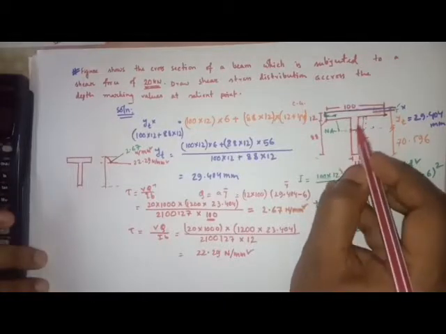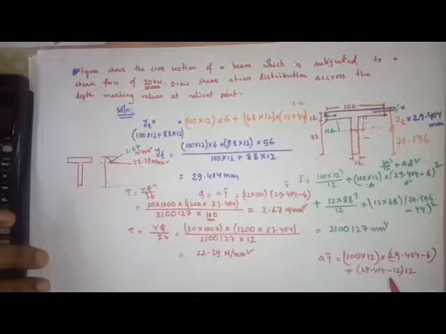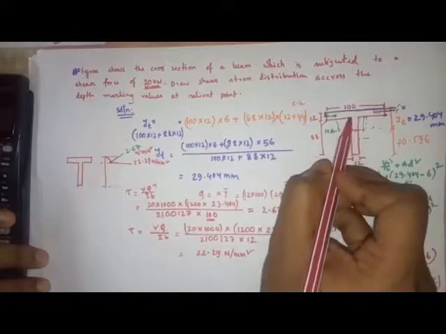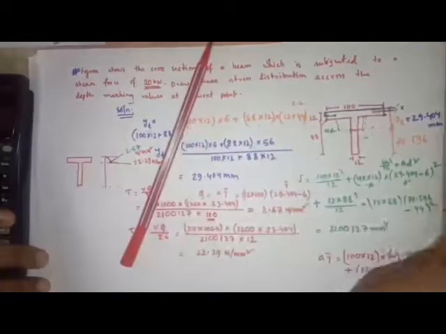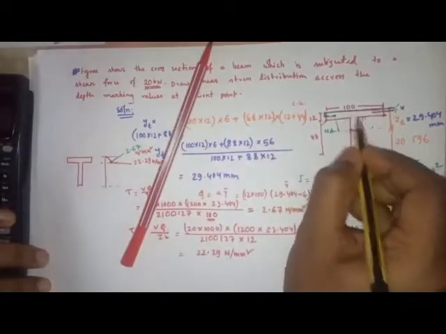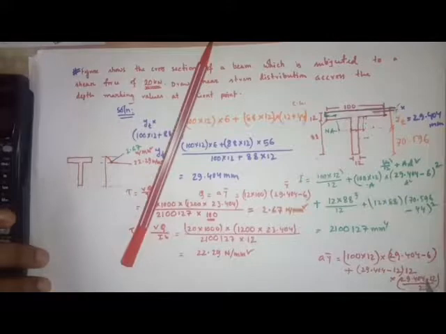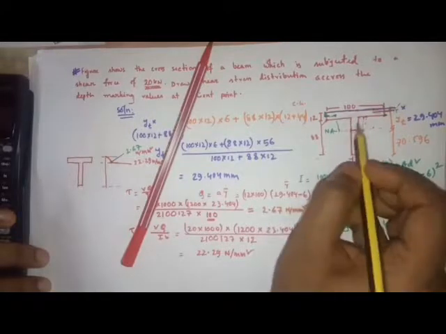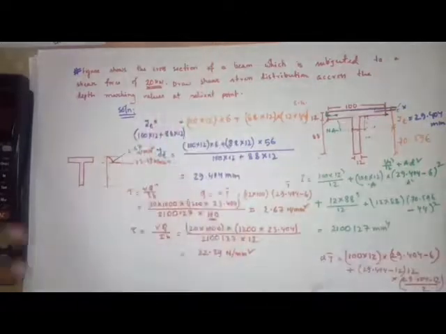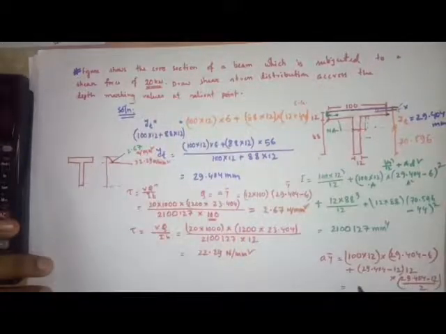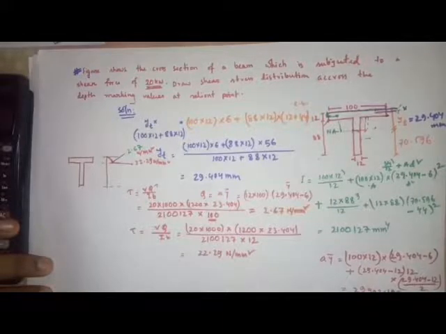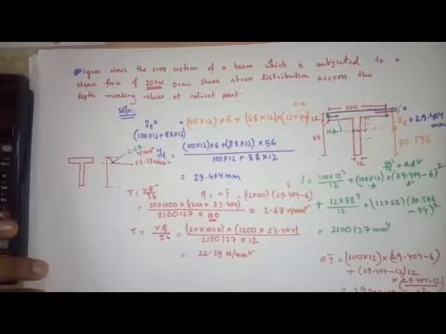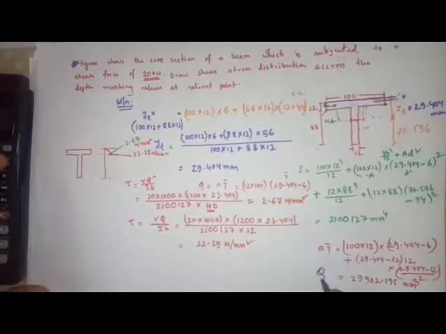So this one's centroid is nothing but 29.404 minus 12 by 2, because I am taking this portion, so here will be the centroid. And now after calculating this, you will find the value of 29902.195 millimeter cube. So this one is the value of Q.